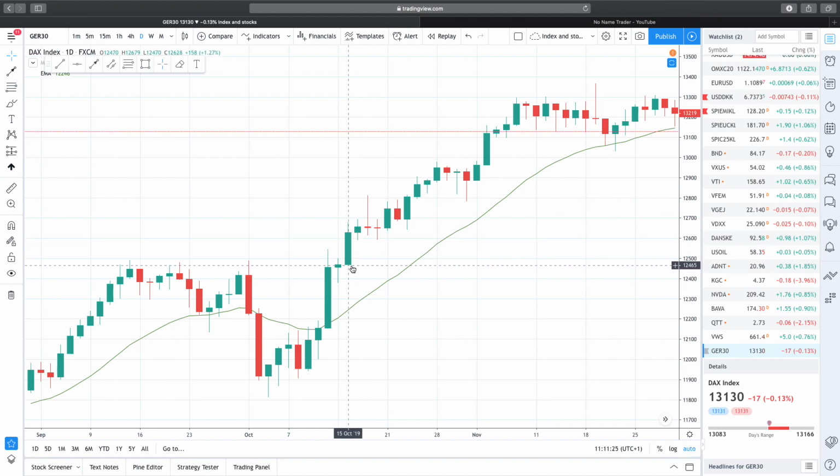So if you take a look at a lot of these days, let's start here. You opened in the middle of the bar, in the top half. You traded up and down. I don't know which direction you traded in first. Probably traded down first, and then closed near the highs up here.